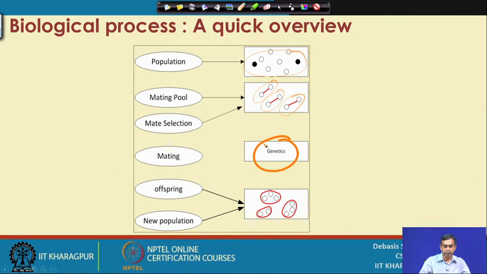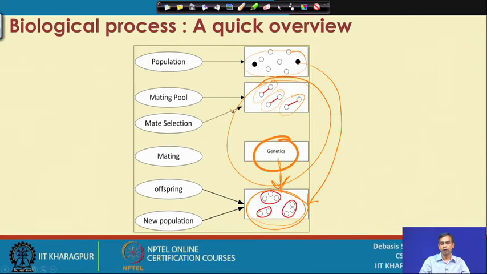Then from the mating we follow the crossover mechanism, and they produce the reproduction. This reproduction produces new offspring, and the new offspring altogether produce the new generation. So, eventually the idea is that from the current population, following the reproduction procedure, we obtain the new population, and in between there are genetics and evolution involved.